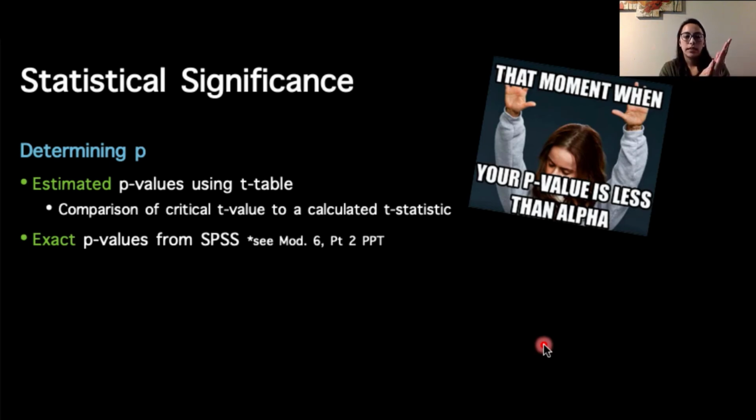When we determine p, we can either estimate p-values, so that's where we would calculate a t statistic and then compare it to values on a t-table, which I'll show you in the next slide. Or we can get exact p-values, which are going to be provided for us in SPSS. So again, I'll show you those in the next video.